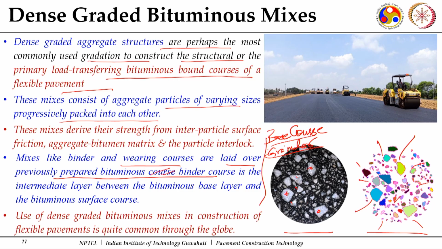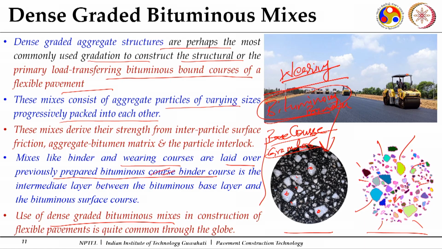So over the granular course, then my bituminous binder course will come. And then my wearing course or surface course will come. All have bitumen as the binding material. So base courses will come over granular courses. Binder courses don't come directly over granular courses. Binder courses require an existing bituminous course to be constructed over it.